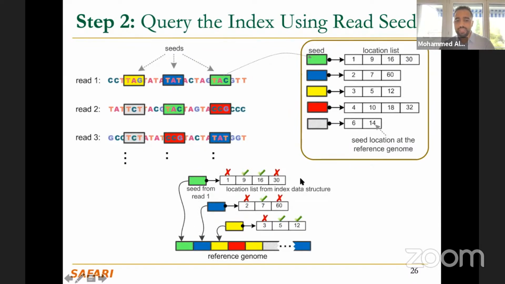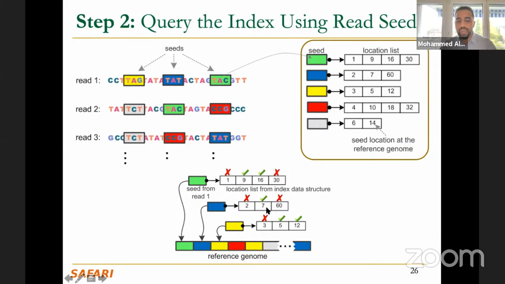Now we have the location lists for each seed from the read, and this is the reference genome. The one below is the reference genome. These pieces are the pieces from the read. So we need to make sense of all these locations and see which ones respect the same order as they appear in each read. For example, here the yellow appears earlier than the blue. So we check the yellow and the blue locations, we sort them, and we find that 5 appears before 7 and 7 appears before 9.